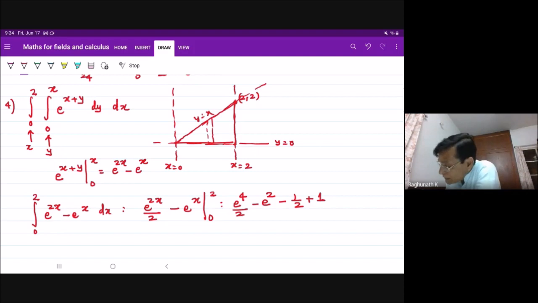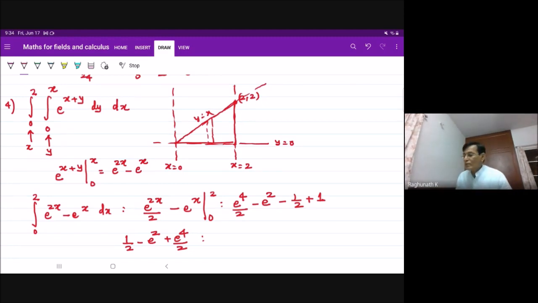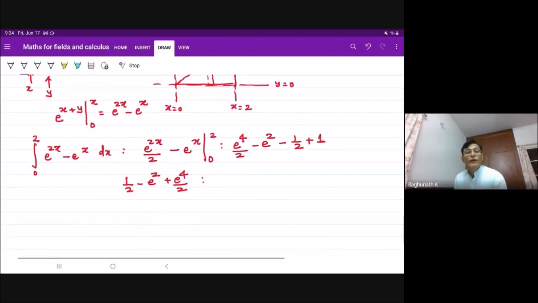So half plus half minus e square plus e power 4 by 2, okay, correct only? These are all there in fields also for us, right? Integration.